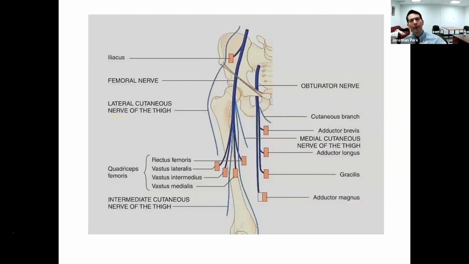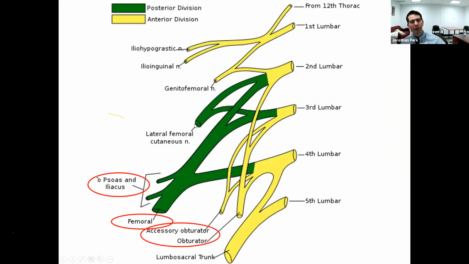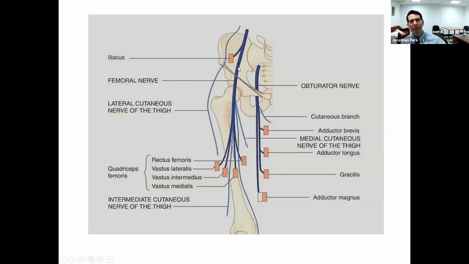Oh, sorry. The second nerve over here is the femoral nerve itself. Okay. So going back here we have the famous femoral nerve that goes underneath the inguinal ligament over here. Do you remember the vein, artery, nerve? So here we have the femoral nerve underneath the inguinal ligament, and it breaks into 4, and you know those are the quadriceps muscles.